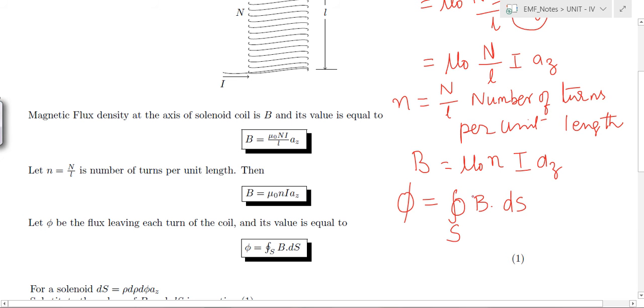So we know the value of B, and for the surface area of the solenoid or the circular path, the differential area is equal to rho d rho d phi a_z.